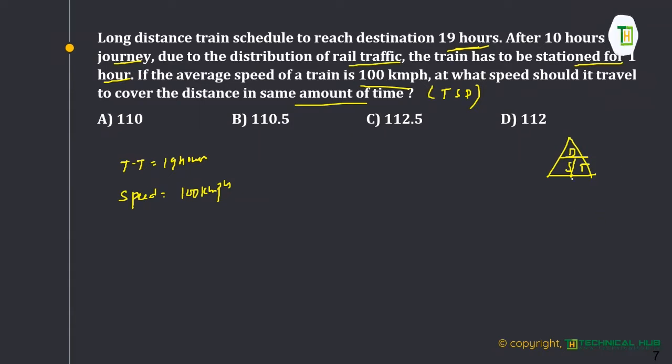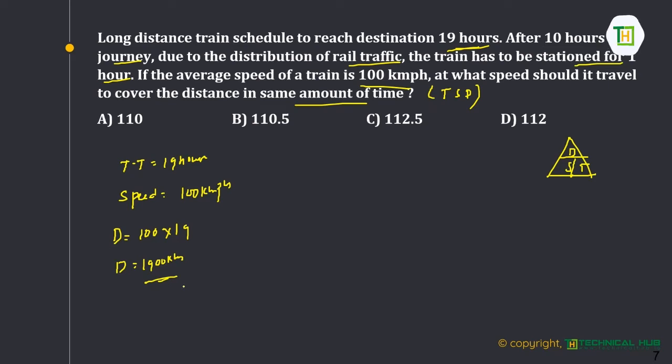So distance is equal to speed, 100 km per hour, and time, 19 hours. Then distance is equal to how much? 1900 kilometers. So this is the total distance.